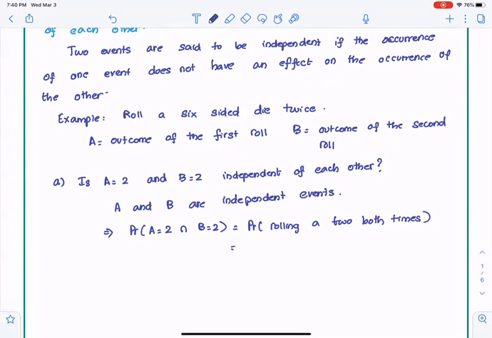So you get a 2 the first time, you get a 2 the second time, and clearly the second time you roll the die, it's not affected by the first time you roll the die, so the events are independent. So I could simply say probability of A equals 2 multiplied by the probability of B equals 2. But we know what the probability of getting a 2 when we roll a 6-sided die is, so it is simply 1/6. It is the same for the second case, probability of B equals 2, which is also 1/6. So 1/6 times 1/6 would simply be 1/36.